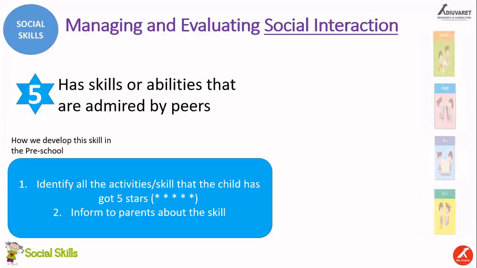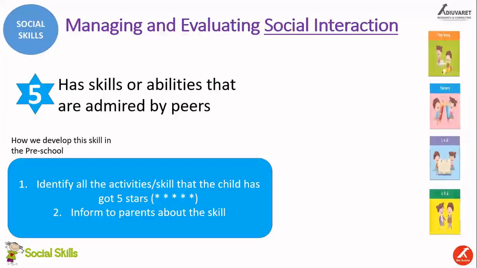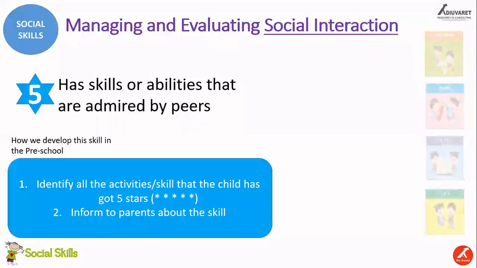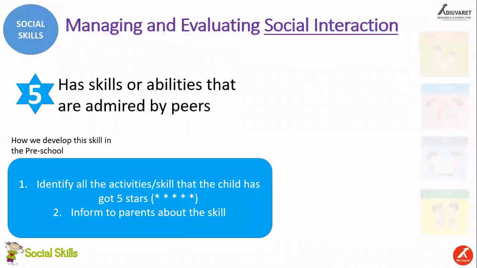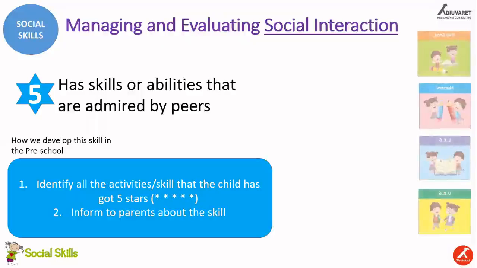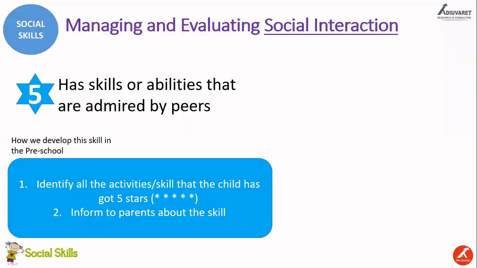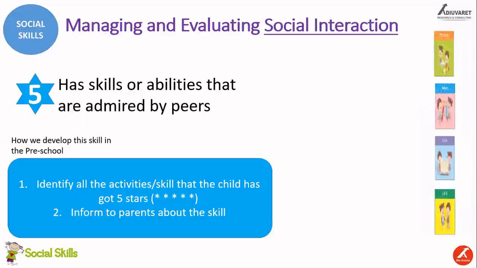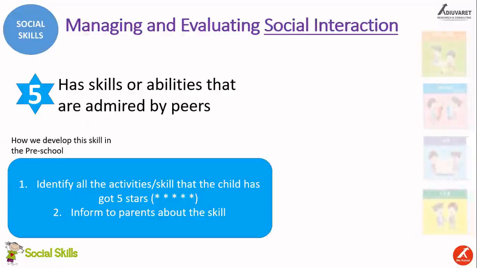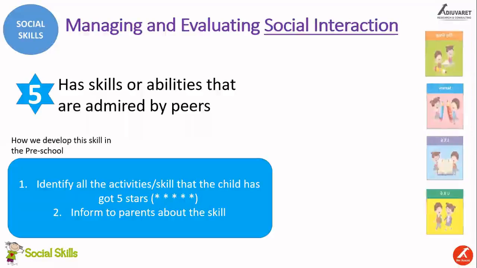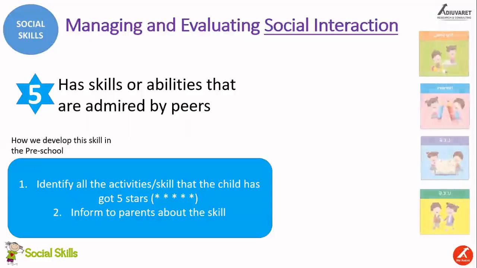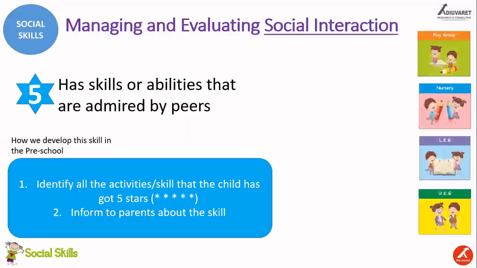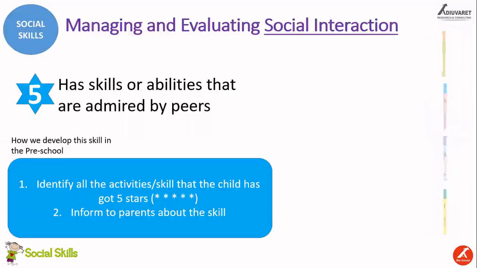So what we need to do in school is very simple, because in most school environments, teachers have the habit of assigning a number of stars for a particular thing. Whenever teachers give 5 stars, let them check with the child why the child got 5 stars for the particular skill or exercise displayed.